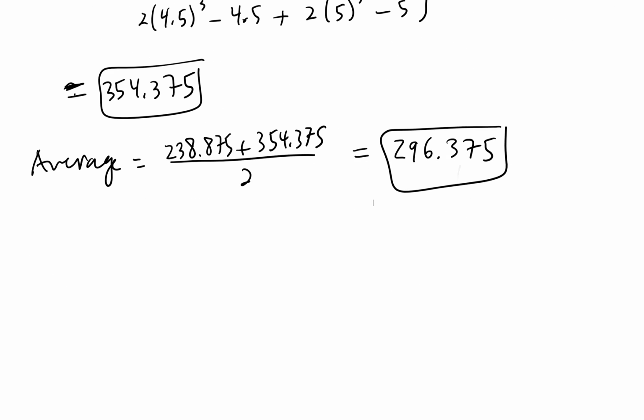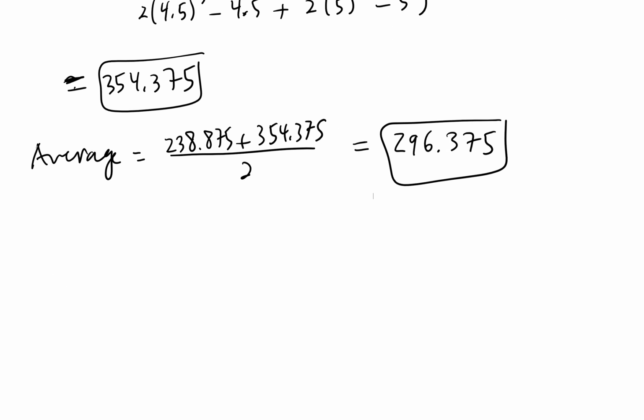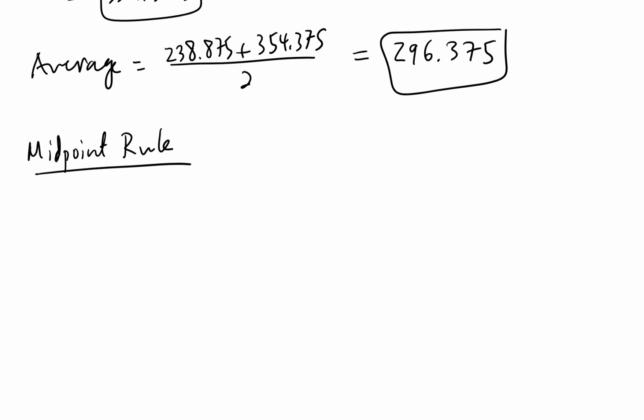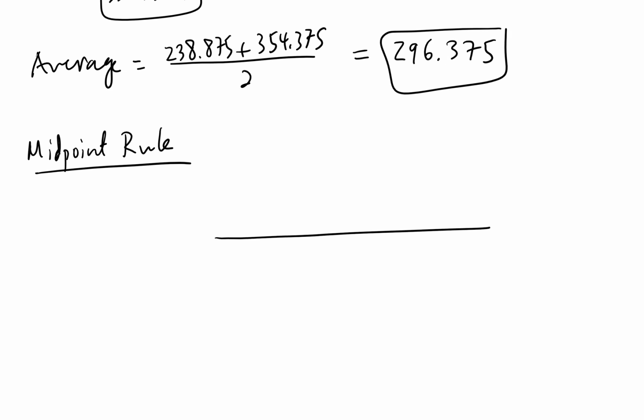Okay, the next way we did left endpoint and right endpoint. Now we have what we call the midpoint rule. The midpoint rule says this: if you start with x0, x1, x2, x3, all the way to xn minus 1, xn.